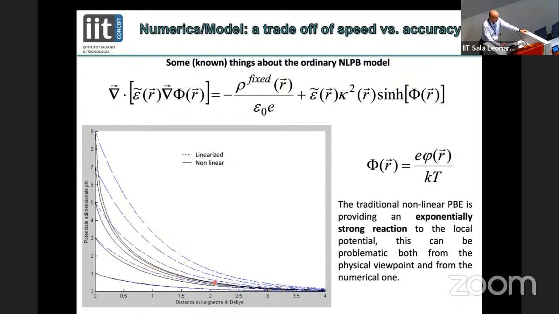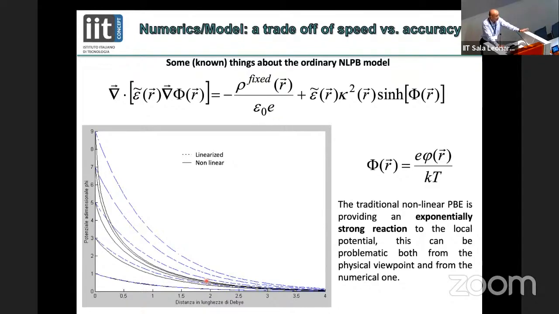Then, when the potential goes around 1, the normalized potential, 25 millivolts basically, the behavior of linearized and nonlinear becomes exactly the same. So this very strong reaction has two problems, at least. One is physical, in the sense that the corresponding number of counter ions can be so large that physically they couldn't fit in that place.